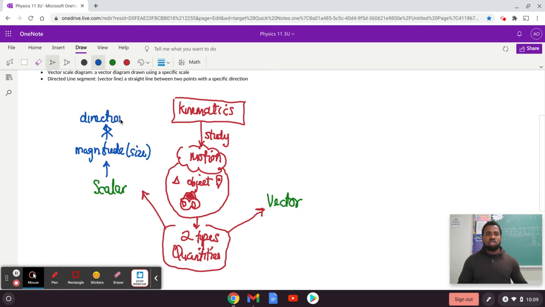So you can only measure the magnitude, which is defined as a scalar quantity.